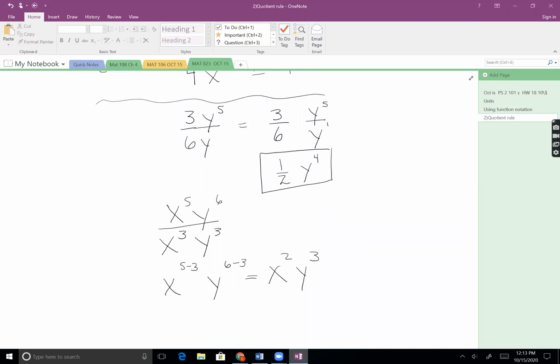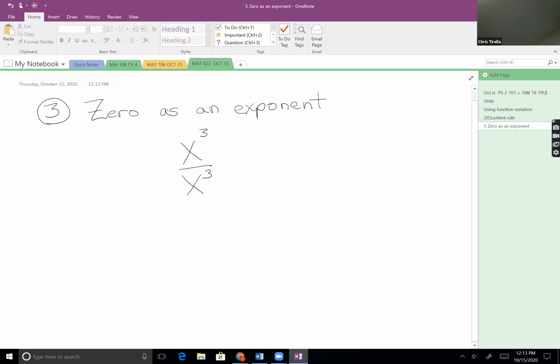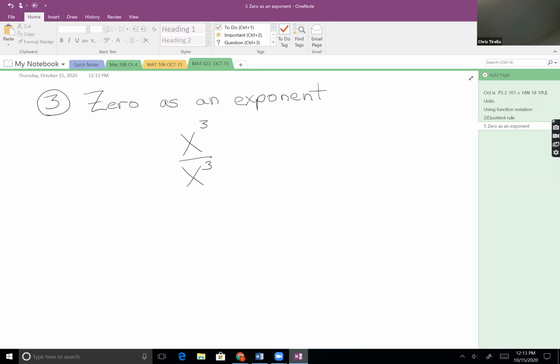Yeah. If that's all right, that gives us something that some of you might be familiar with, but it might be new to others of you. It gets me to the idea of what does it mean if I have 0 as an exponent. I'd like to start with an example. What if I have x to the 3rd over x to the 3rd? Is everybody all right?